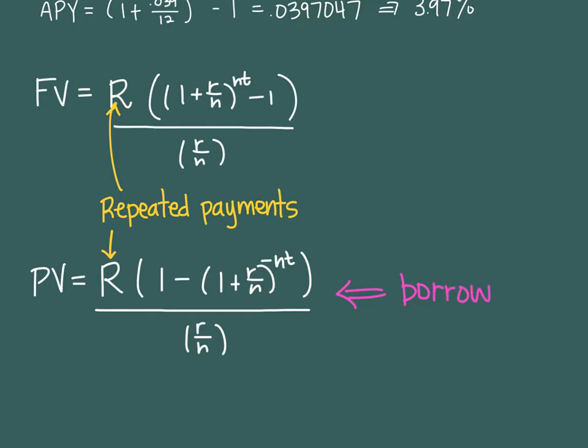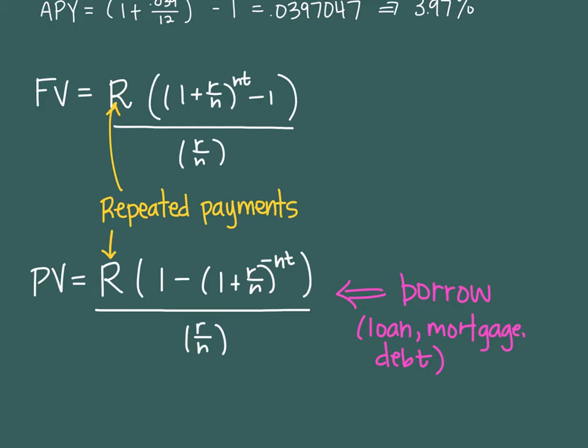Because the power is negative and the subtraction is negative, and you are owing money. And so words like loan, mortgage, debt, those words are all implying that you are borrowing money.